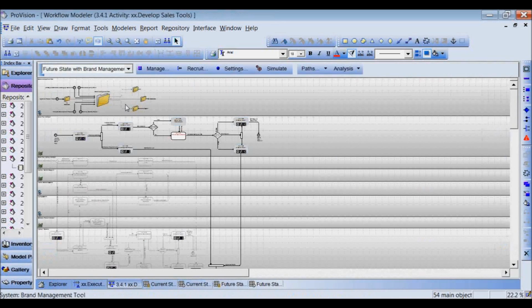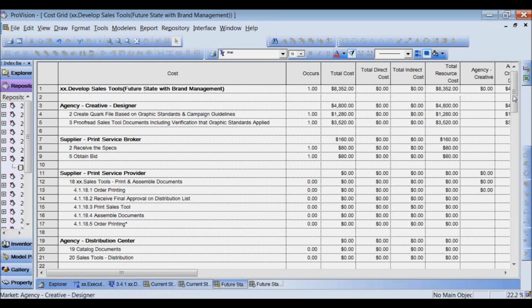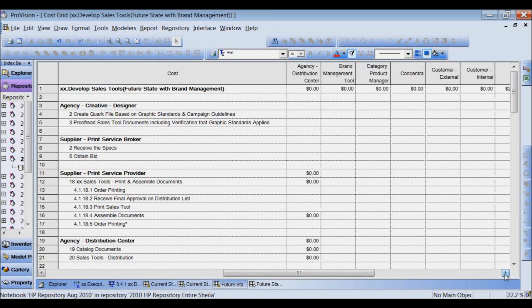When we run the future state simulation, and I've already done it, but for the sake of time, if they removed some of the printing costs, brought this in-house, and brought some of the distribution list management in-house, every time marketing would request a sales tool to be produced or published, it would only cost about $8,300 per run.